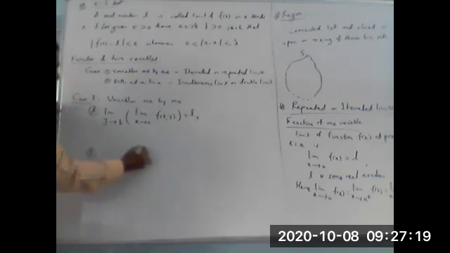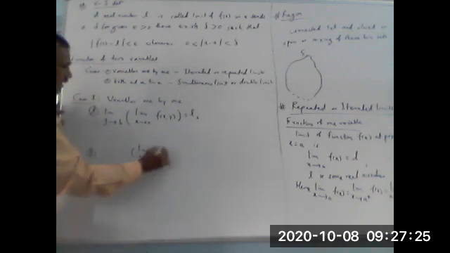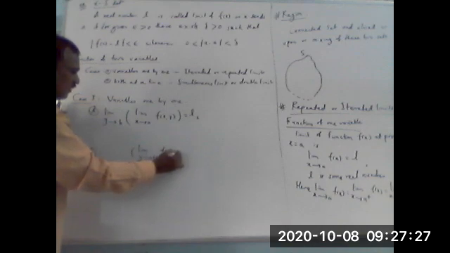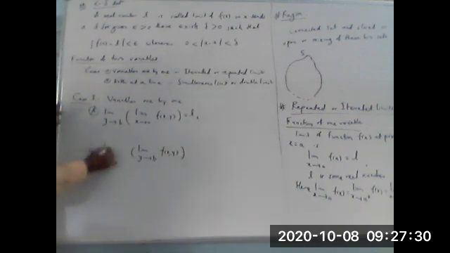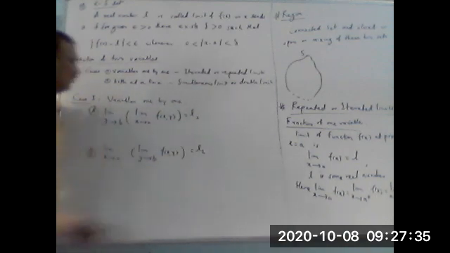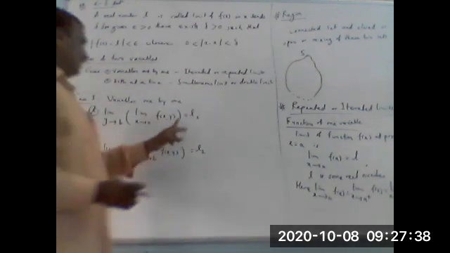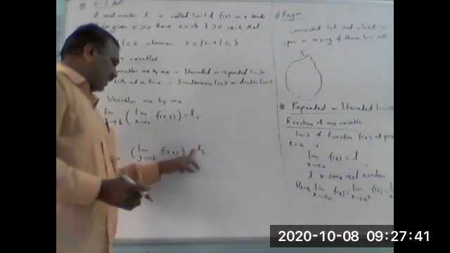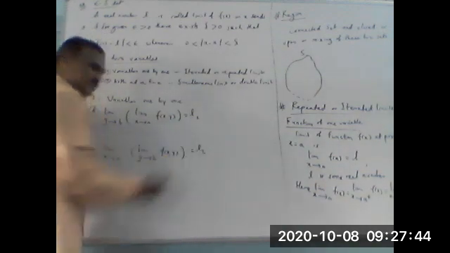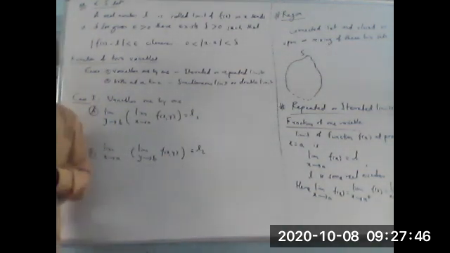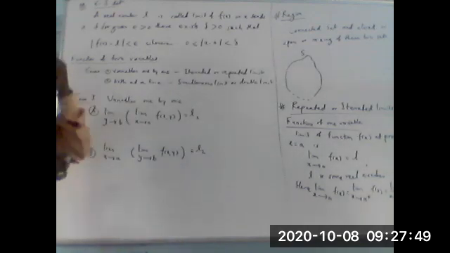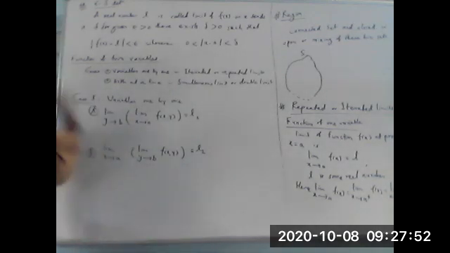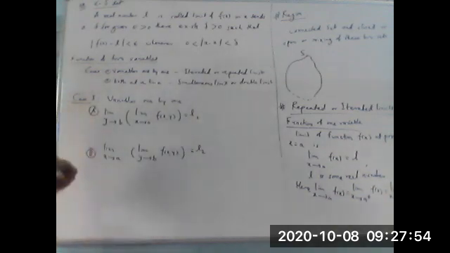Another case: we consider the y variable tends to b of the function f of x y, and then x tends to a, and that will be L2. So we have two limits, L1 and L2. These two limits may or may not be equal, that means they may or may not exist. If they exist, then the question arises about the equality of these two limits.